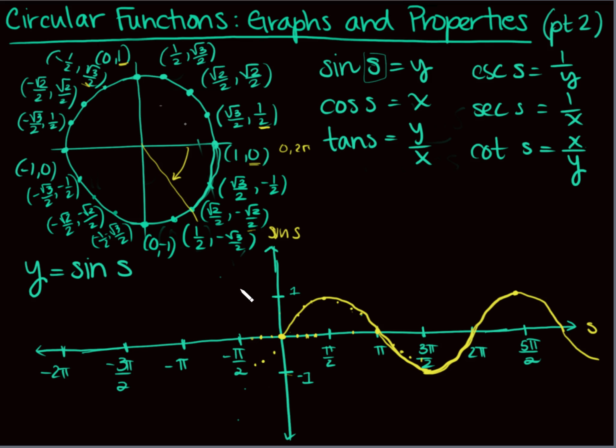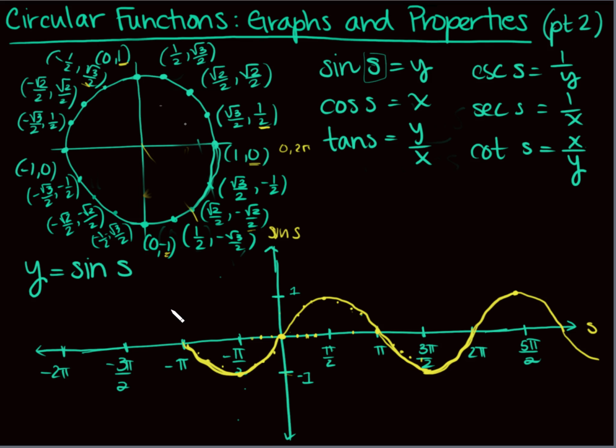And then negative pi over 2 is this angle right here. That angle is coterminal with 3 pi over 2, so we're going to have the same value right there. Oh, whoops, I didn't keep my yellow. So what is my y value right there? It's a negative 1. So at a negative pi over 2, I'm at a negative 1. And then as you've kind of seen, this stuff is just going to start coming back up, just like before.